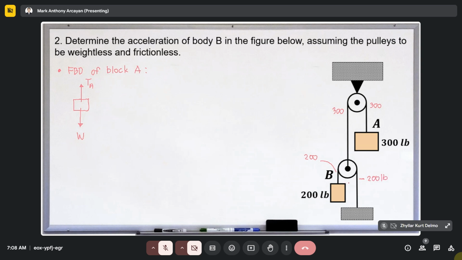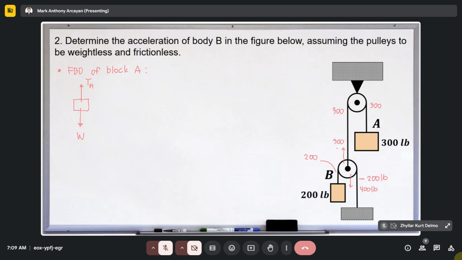And if we take the summation of forces at the lower pulley, we can say that the upper force is 300, whereas the lower is the combination of these 200 pounds, which in total is 400 pounds.